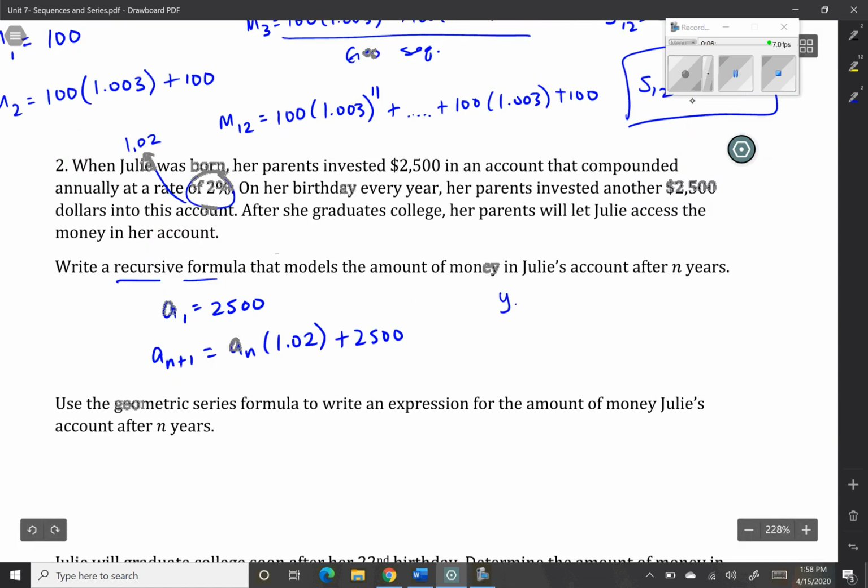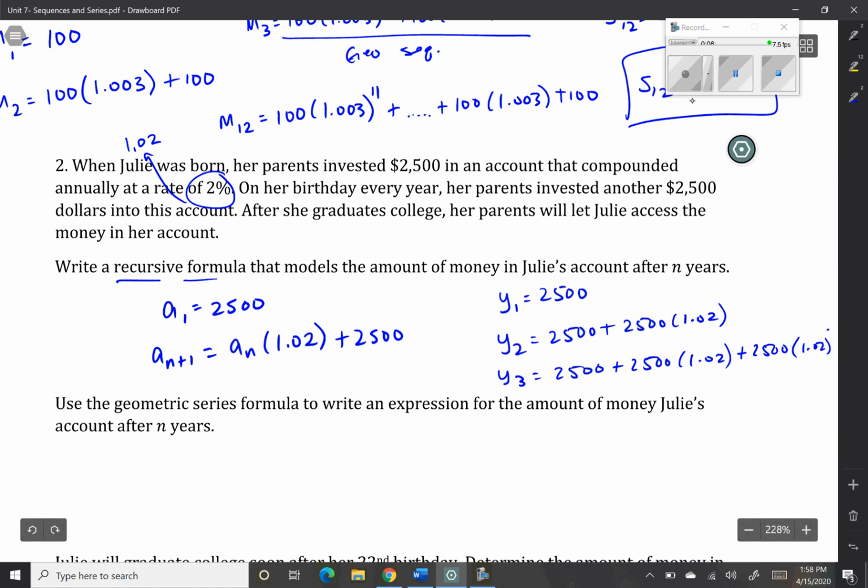The first year, year one, is going to be $2,500. Year two is going to be $2,500 plus $2,500 times 1.02. Year three is going to be $2,500 plus $2,500 times 1.02 plus another $2,500 times 1.02 to the second.